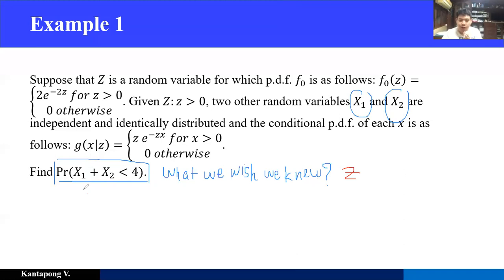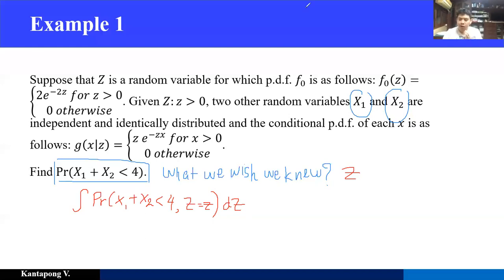We have the integration of the probability that x1 plus x2 is less than 4, given C equal to any c, times dC here. This one is what we are going to find.